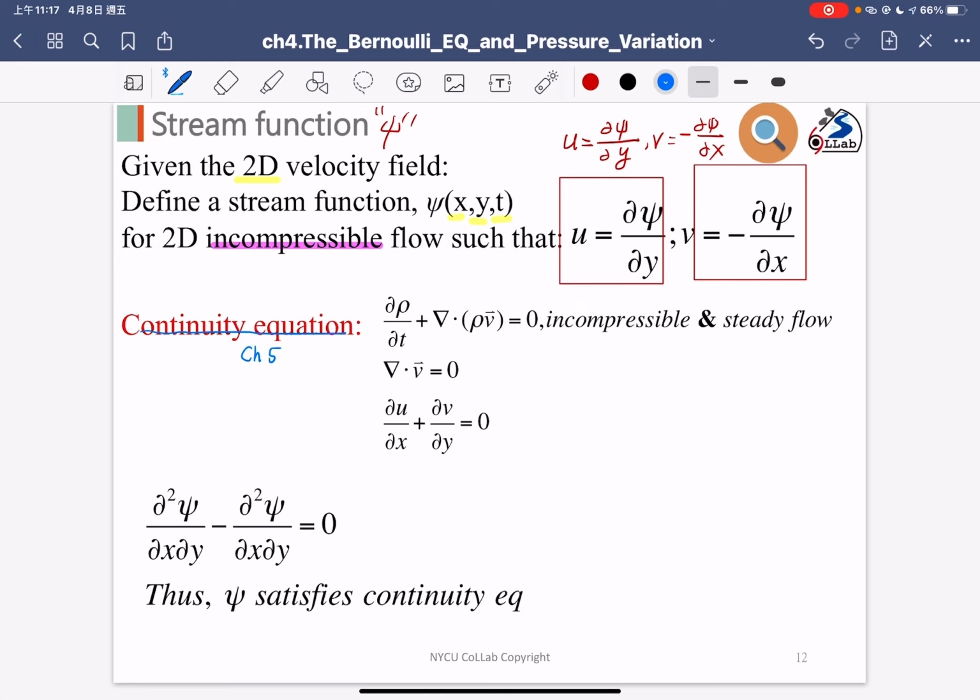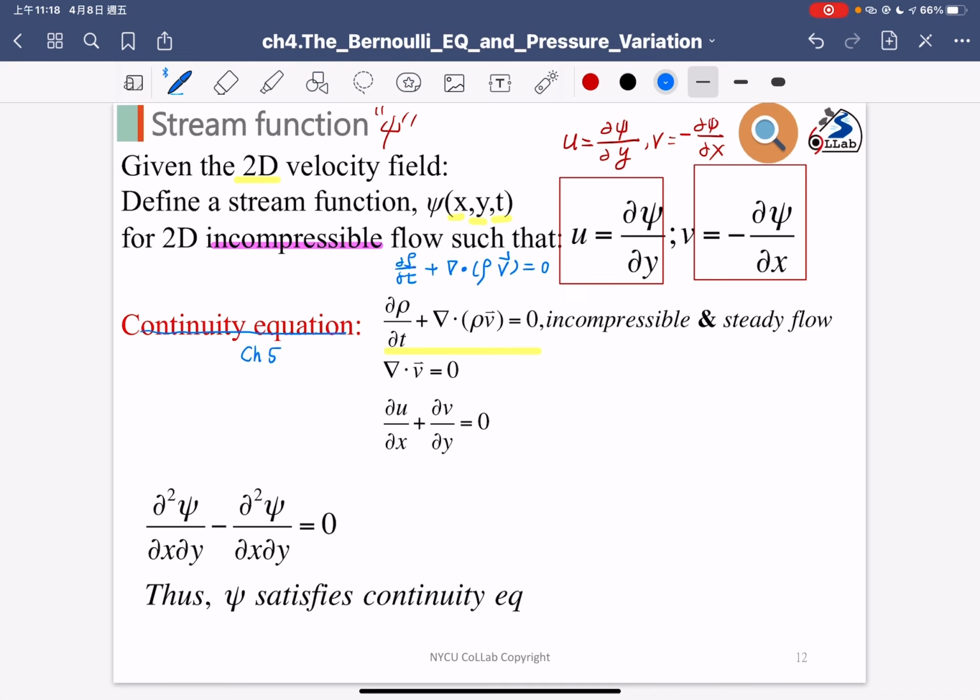Right now, you only keep in mind the formula for the continuity equation shown on the left. As you can see, the first item is the rho change with time, plus the differential operator inner dot with the density and the velocity field, equal to 0.